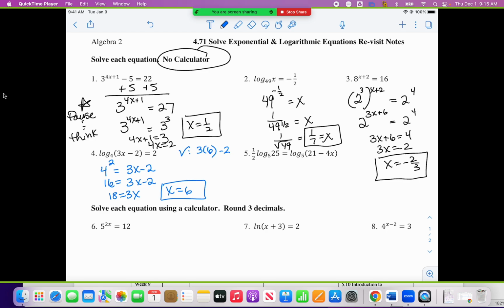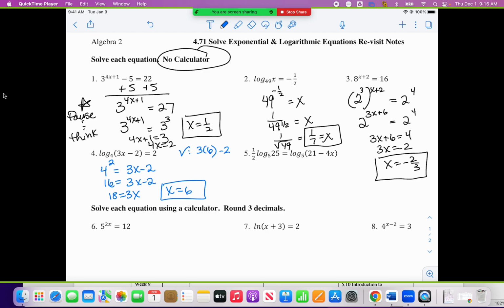All right, now, in number 5, this one's a logarithmic equation. On the left side, what's the problem? Why can't I set the two equal to each other right now? There's a problem. Yeah. Good job. On the left side, that log is not alone. There's a 1/2 in front. So, guess what I could do on this one? This is really some good thinking. I just caught myself before I started motoring along.